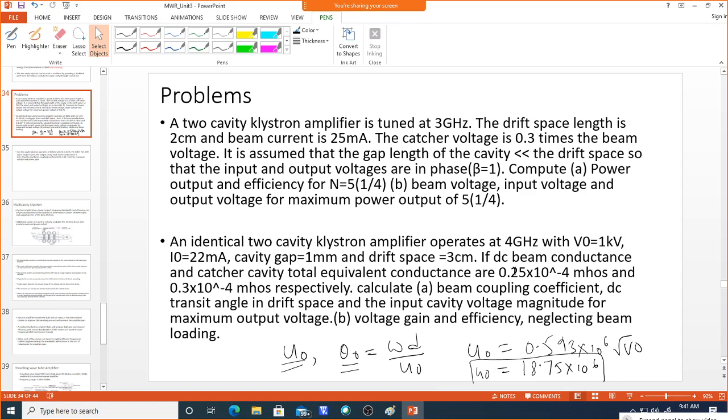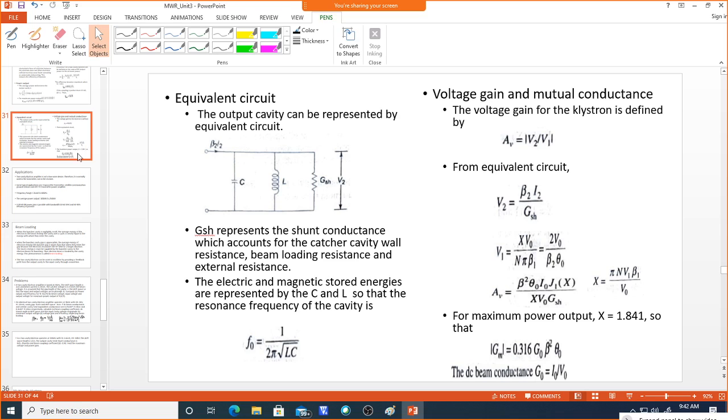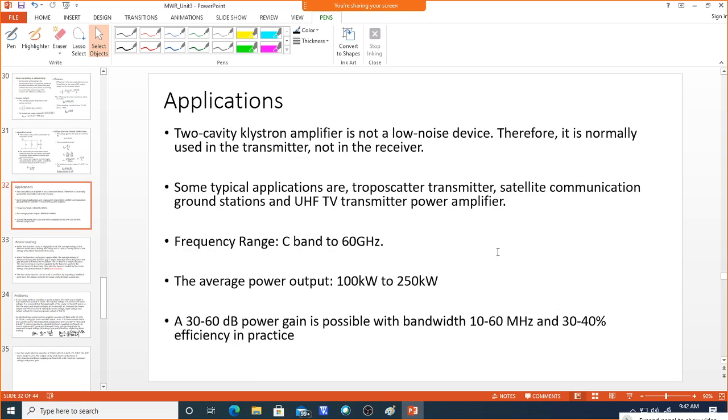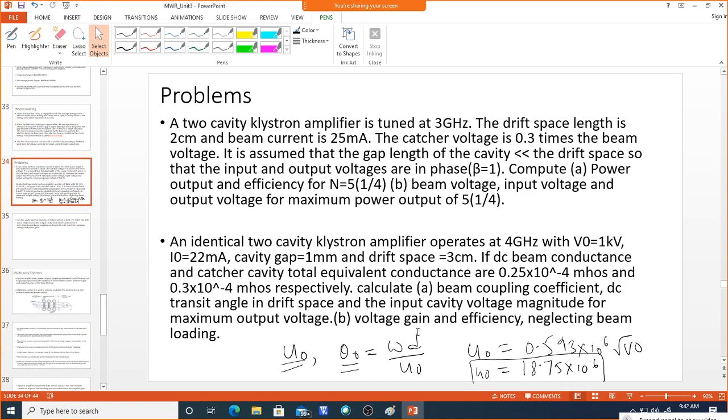For the shunt conductance G_sh, the total equivalent conductance and the DC beam conductance are given, so we need to calculate G_sh.